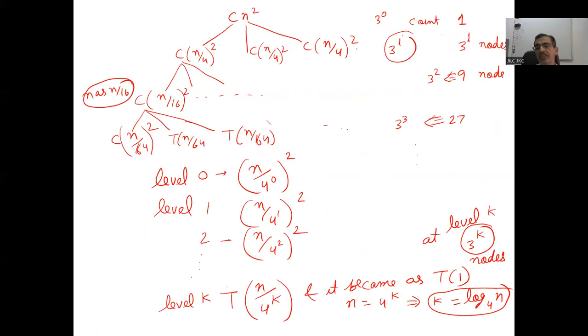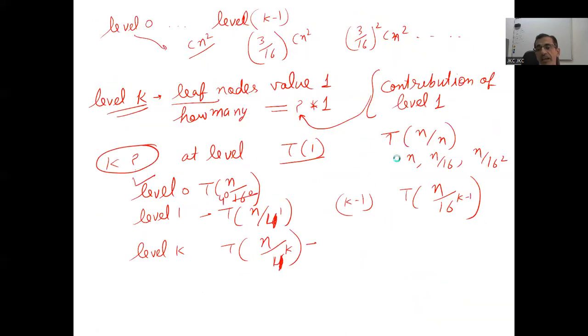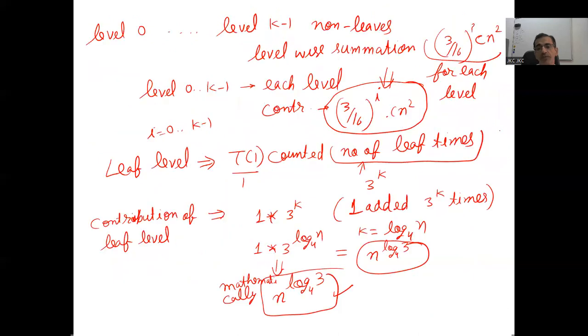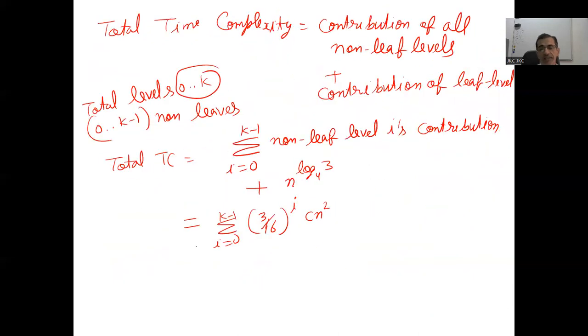You could easily see how we got that value: this was 3 by 16 raised to 0, then 3 by 16 raised to 1 Cn square, then 3 by 16 raised to 2 Cn square, 3 by 16 raised to 3 Cn square, and so on. So based on that, I can say this is my total contribution plus n raised to log base 4 of 3.